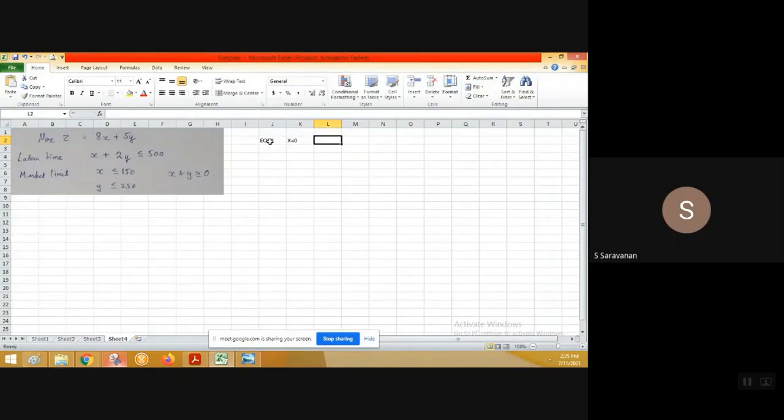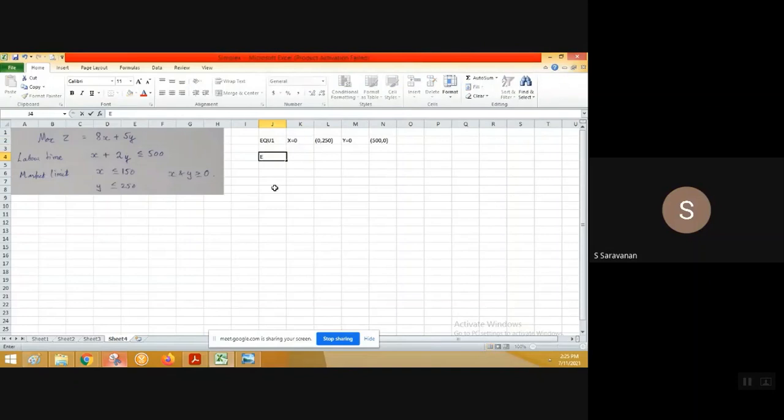When x is equal to 0, you gave the answer: 0, 250. If y equal to 0, what will you get? 500. Simple. 500, 0. So this problem we have already solved. I'm going to solve the same in the graphical method.